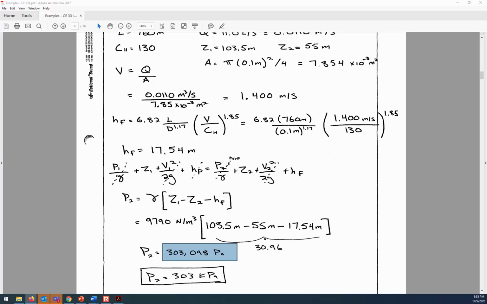So if I subtract out, so it would be Z1 minus Z2 minus HF minus V2 squared divided by 2g. So I think it reduces the available head by effectively 0.1 meters. So 30.96 minus that times 9790, 302 kilopascals instead of 303.